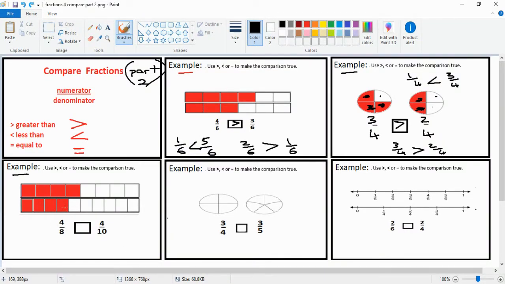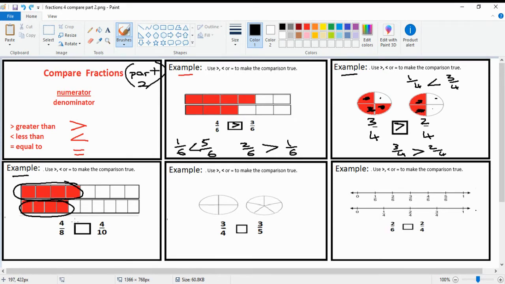And when we compare those, we can use the visual. We can see here 4/8. There's the 4/8. And there's your 4/10. You can see the 4/8 is greater than the 4/10. So we use the greater than symbol. What you can do is think about it.